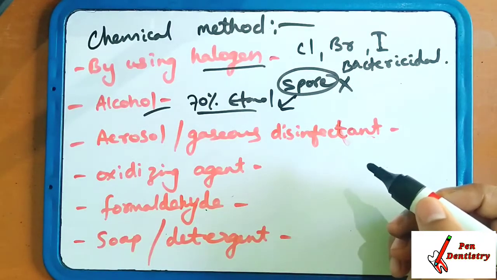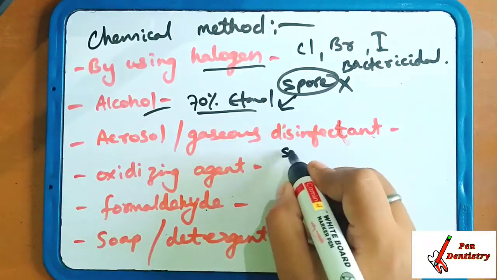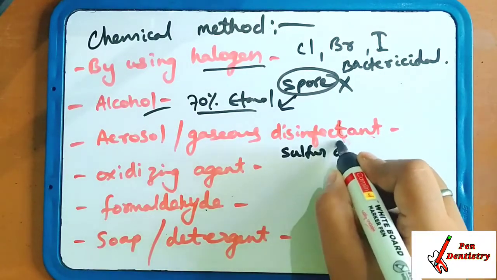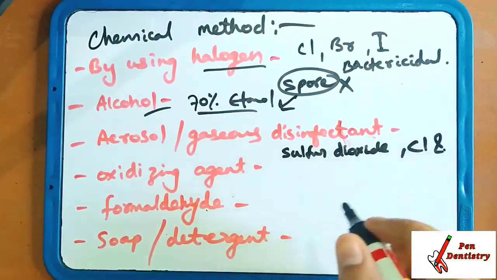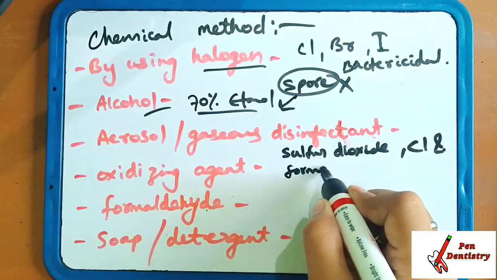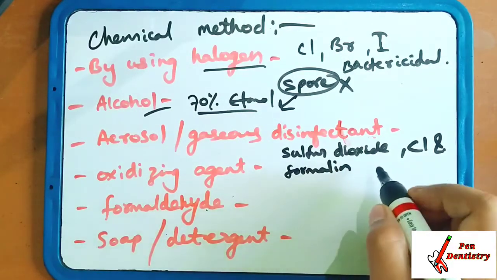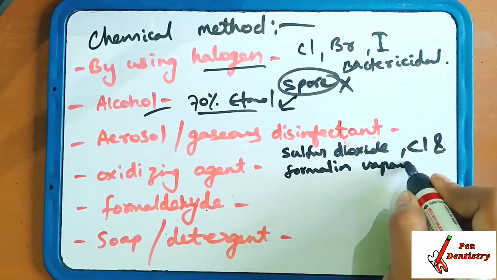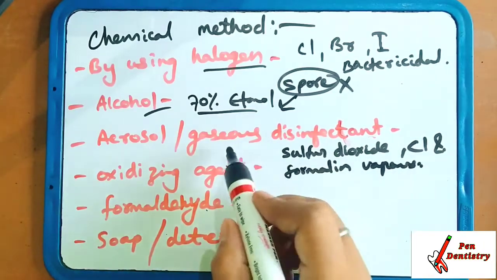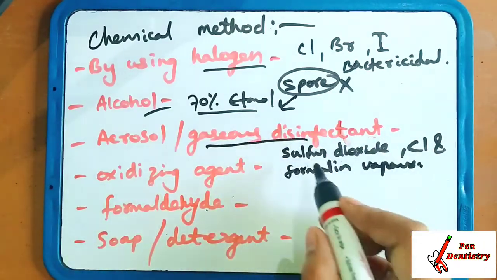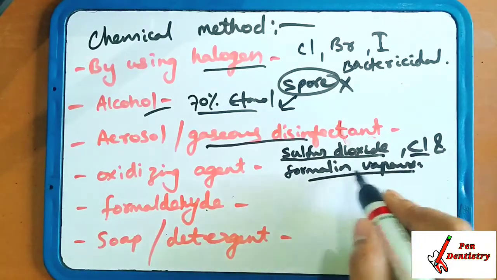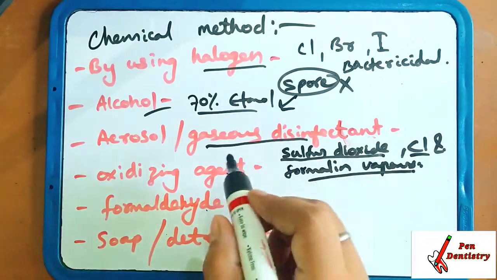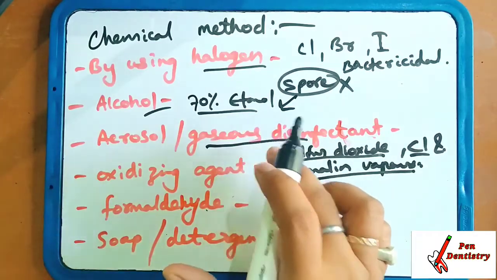Aerosol is sulfur dioxide, chlorine and formalin vapors. This is a gaseous disinfectant, because sulfur dioxide is a gas, and chlorine and formalin vapors are gases. That's why it is known as an aerosol gaseous disinfectant.